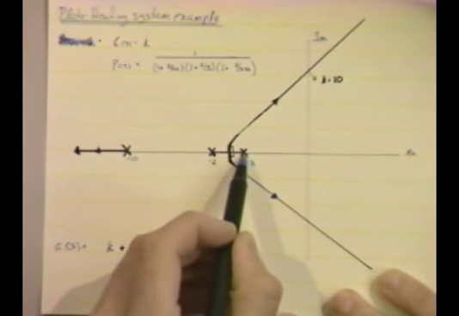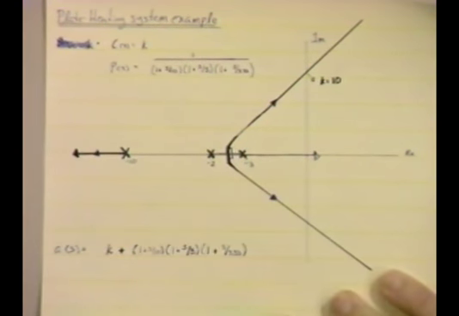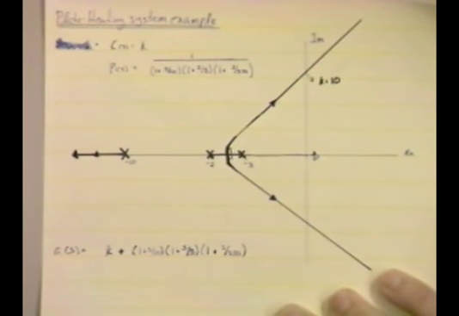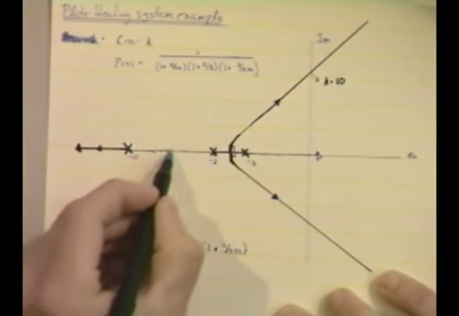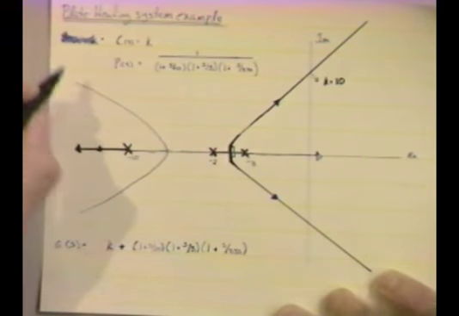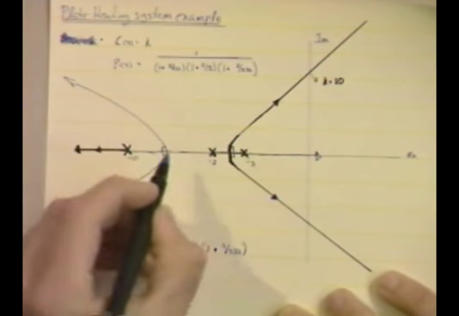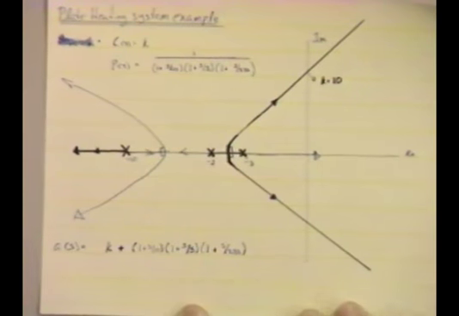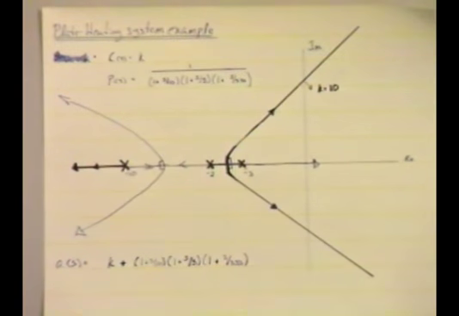This pole moves to the right, and it's eventually the pole that crosses the imaginary line and causes the instability for gains below negative 1. And these two poles move closer to each other like this, and then they split, and they go off this way. So, like I said, you don't need to know this, but it's so much fun I couldn't keep from mentioning it.